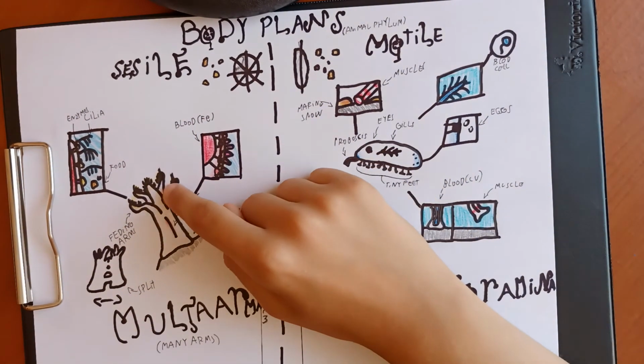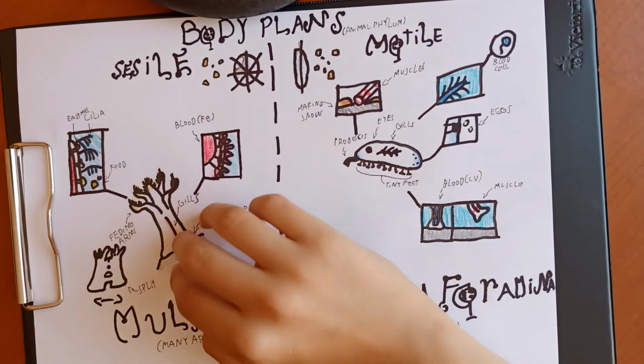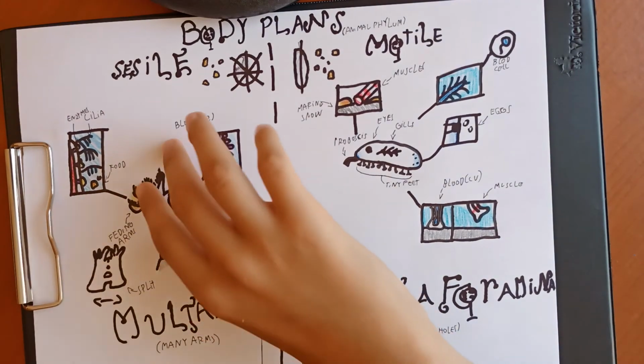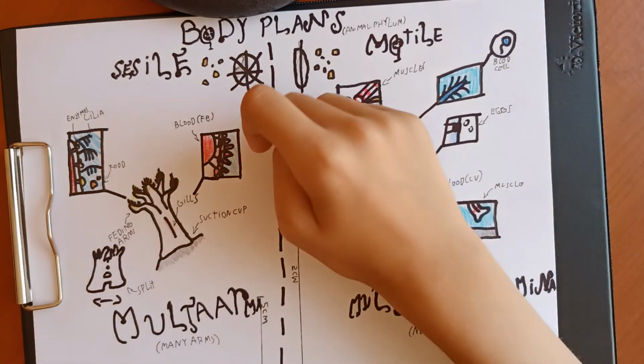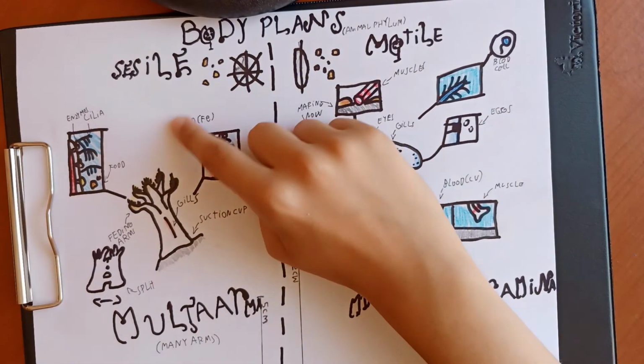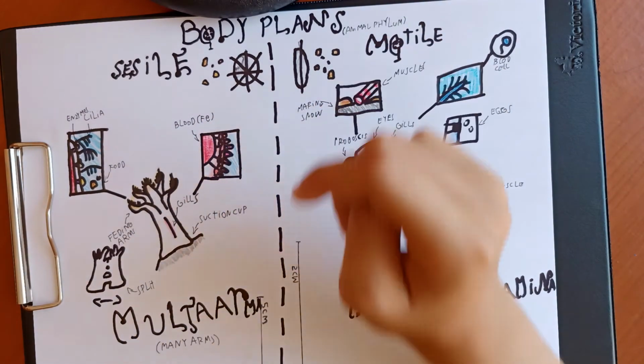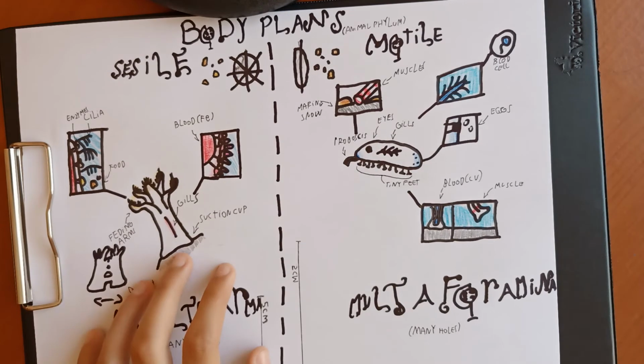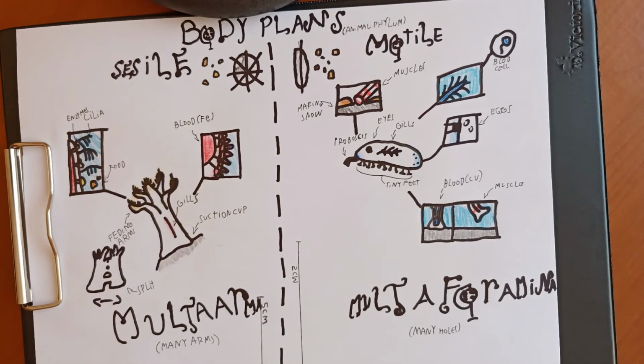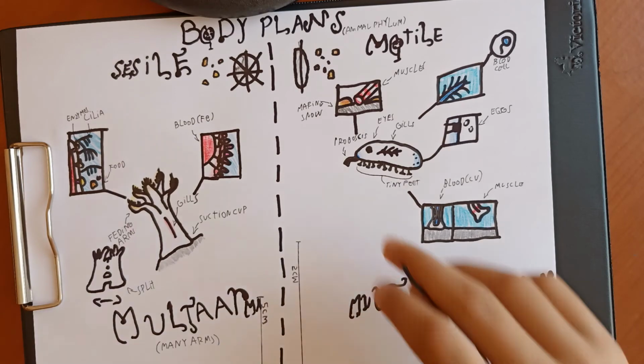It's composed of a tube which has a blood-filled cavity, and these blood cells are more like our blood cells, and this is also an efficient circulatory system.